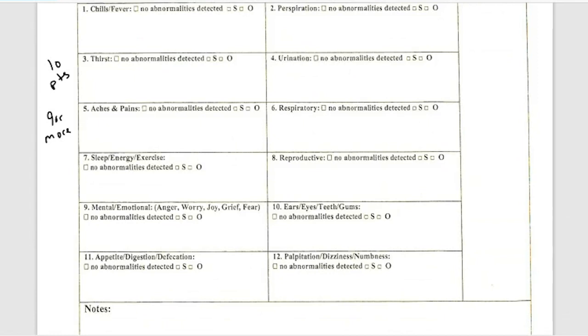Any chills or fever? No. No abnormalities detected. Perspiration. I get night sweats. This is them telling you, so that's subjective. Thirst, no, my thirst is fine. No abnormalities detected. You must check each of these boxes.